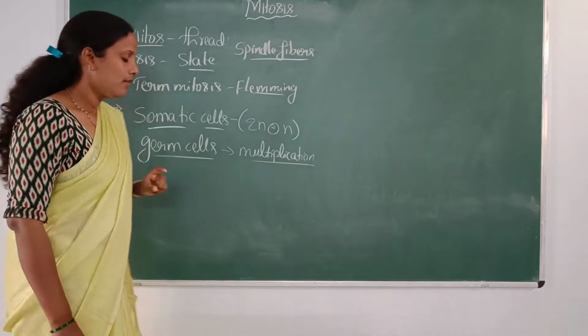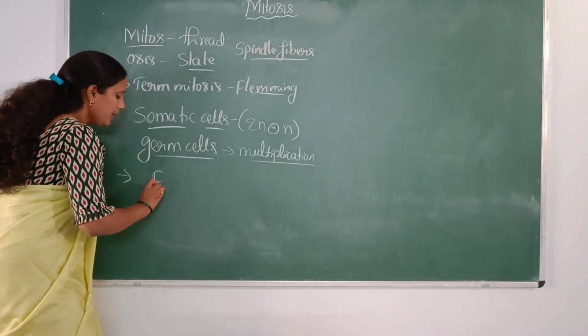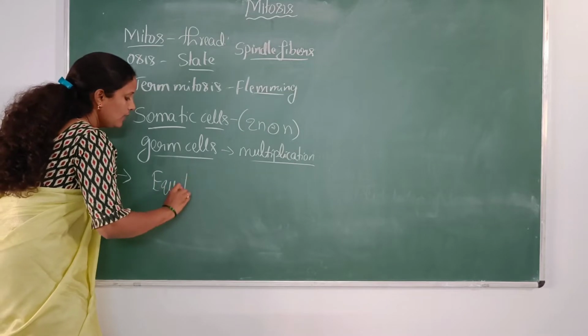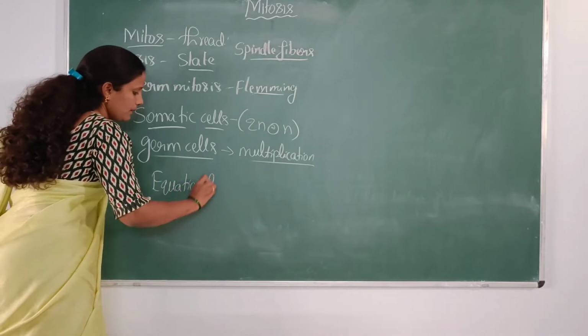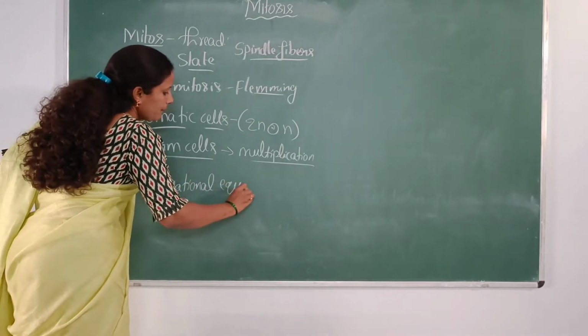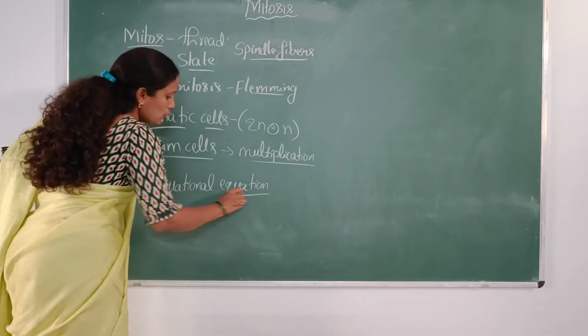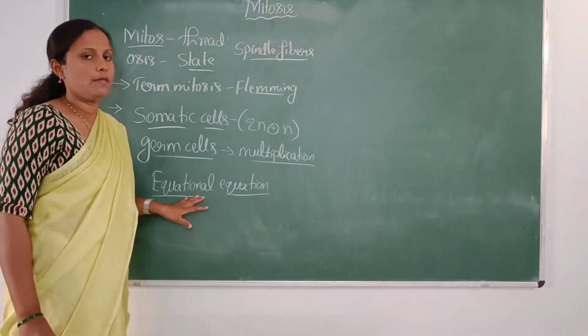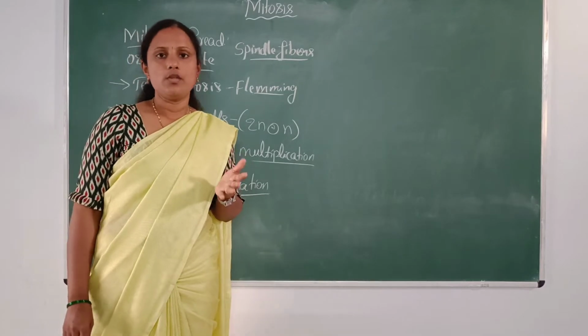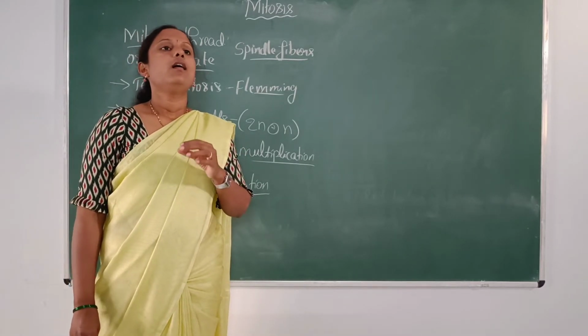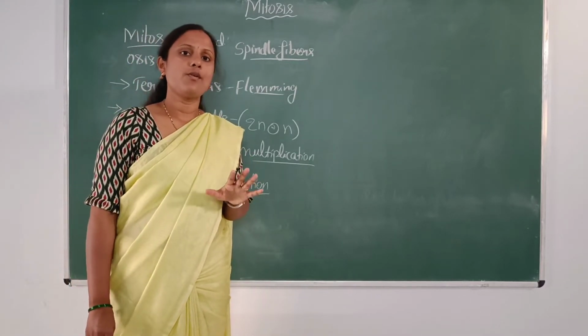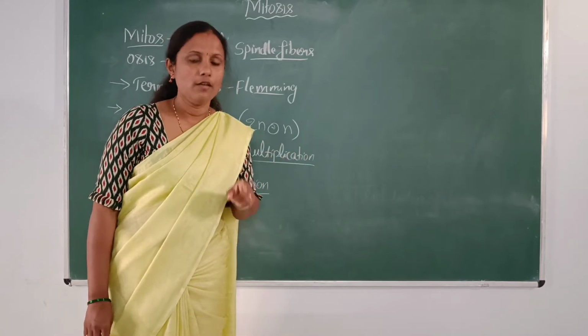Mitotic cell division is called equational division. It's very important. Mitotic cell division is called equational division. So you may ask the question, why is mitosis called equational cell division? Why?